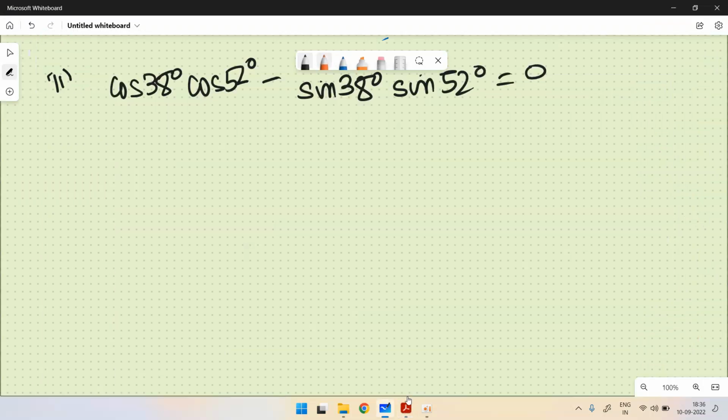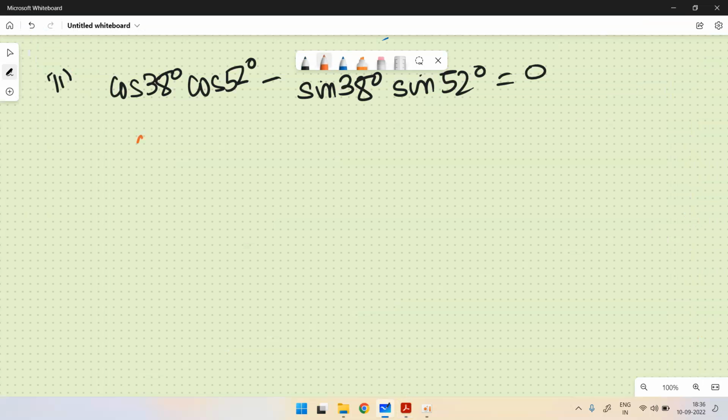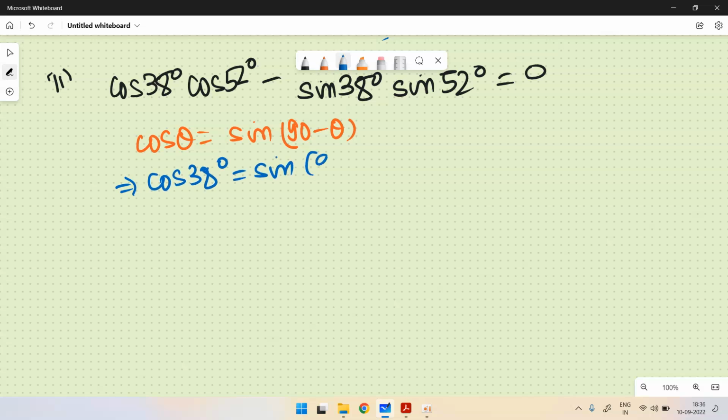Now you know that cos of theta is sine of 90 minus theta. So cos of 38 degree is nothing but sine of 90 minus 38 degree, which is sine 52 degree.